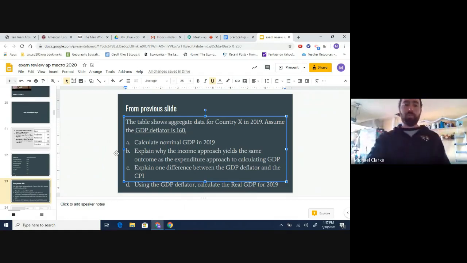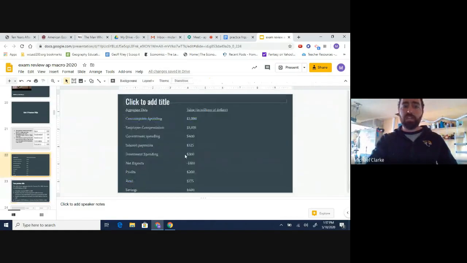The first part, you have to calculate nominal GDP in 2019. Now, you could do this in a couple of different ways. You could do this using the income approach or the expenditures approach. Let's say you wanted to use the expenditures approach.